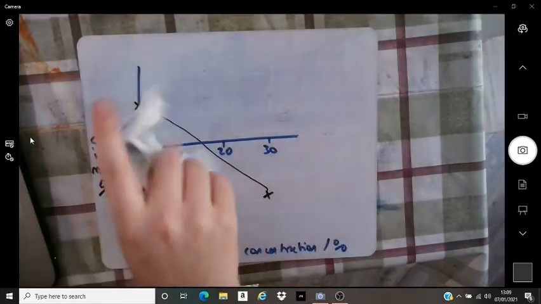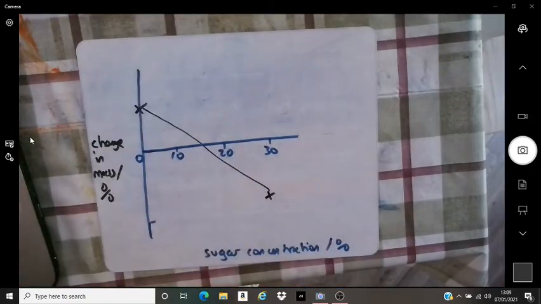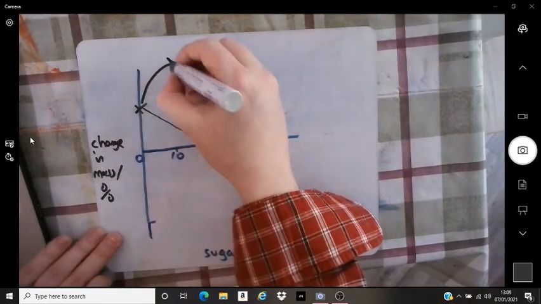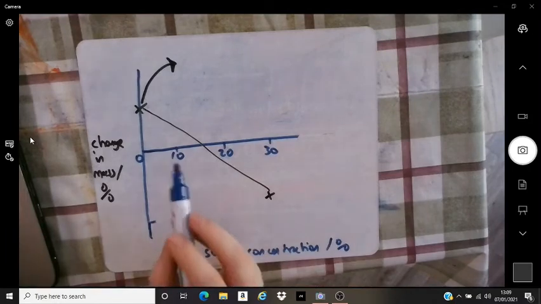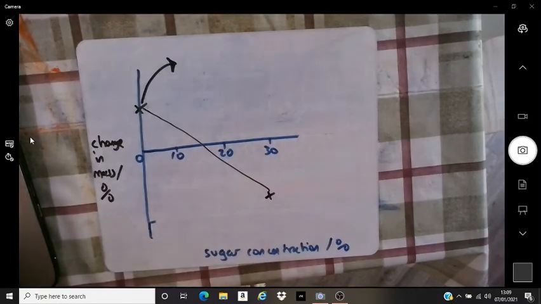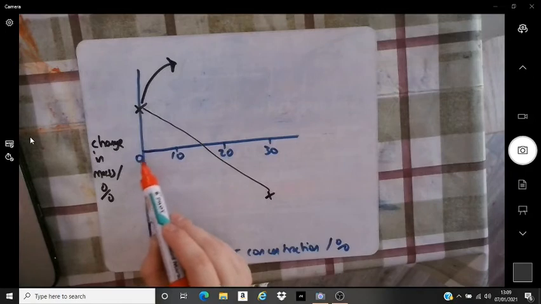So why has this one gained mass and why has this one lost mass? Let's take the one that we put in distilled water. The first thing for you to identify as the student, which one would have had the higher water concentration? Clearly, it's going to be the solution that is pure distilled water.